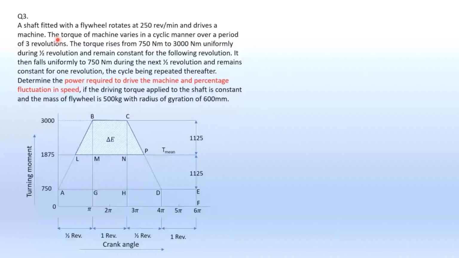Now, the torque of the machine varies in a cyclic manner over a period of 3 revolutions. We know 1 revolution is equal to 2 pi radians, so 3 revolutions would be equal to 6 pi radians.